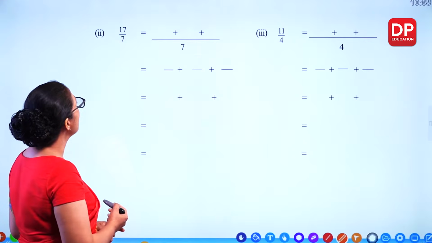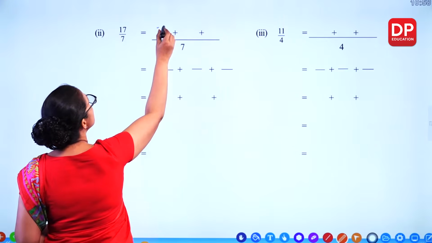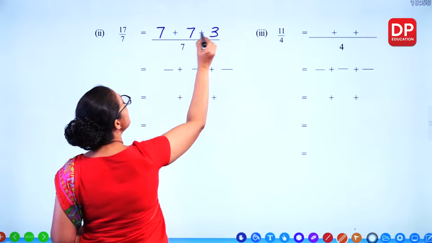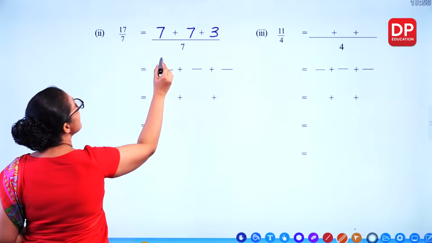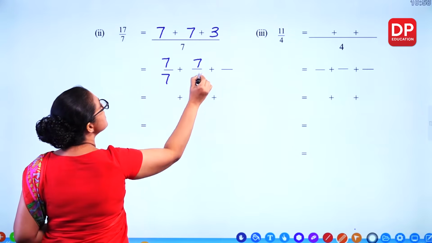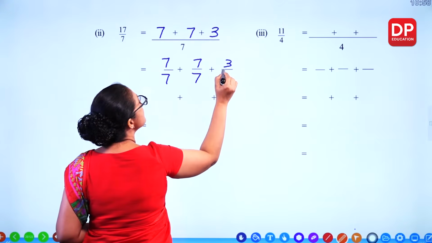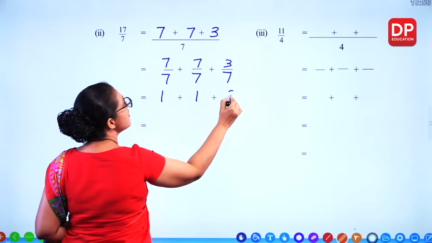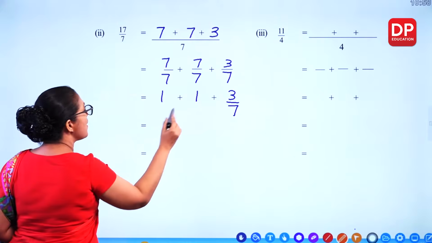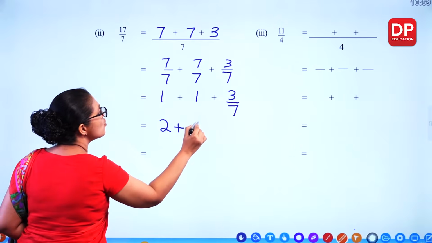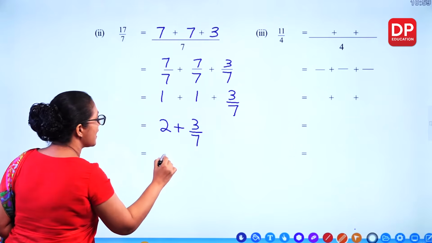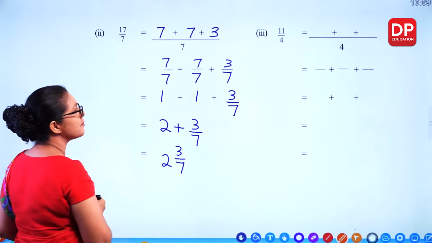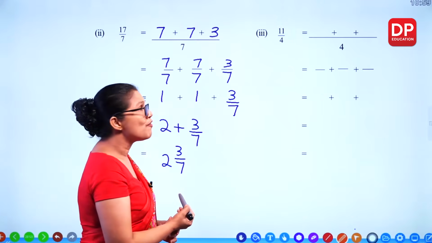17/7. How can I write using sevens? 7 and 7, 14. 14 plus 3, 17. Then I can write separately 7/7 and this is 3/7. This is 1, 1, 3/7. 1 plus 1, 2. 2 plus 3/7 I can write as 2 and 3/7. 11/4.